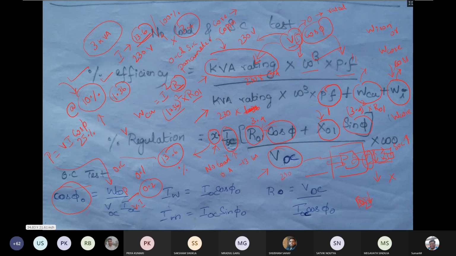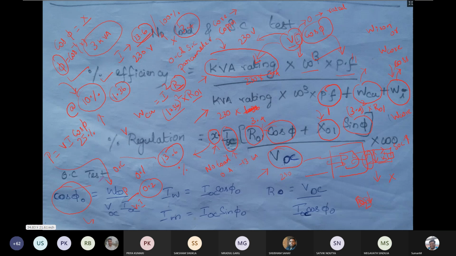Once you obtain the value of cos phi, obviously you can obtain the value of sin phi, because if cos phi is some X value, you can take the cos to the other side. So cos inverse of X, you will be getting the angle. Then after you find the angle, you can find the sin phi.